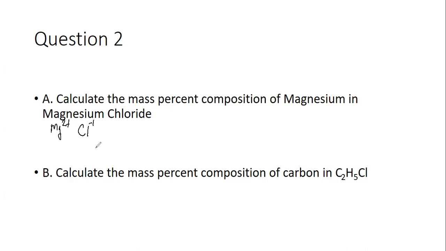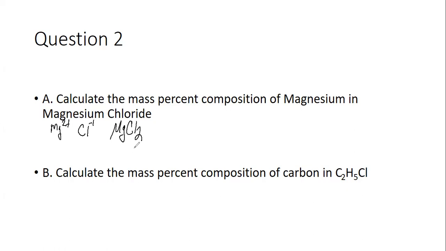So I can just cross multiply my charges to know how many atoms are in the compound. So for every 1 magnesium, I have 2 chlorines. So just go back and review our naming scheme from earlier in the week, to refresh yourself how to do that. All right.